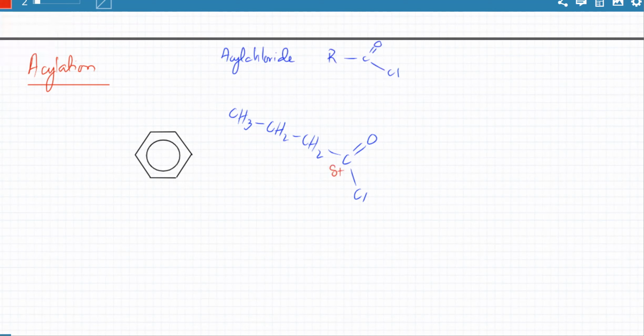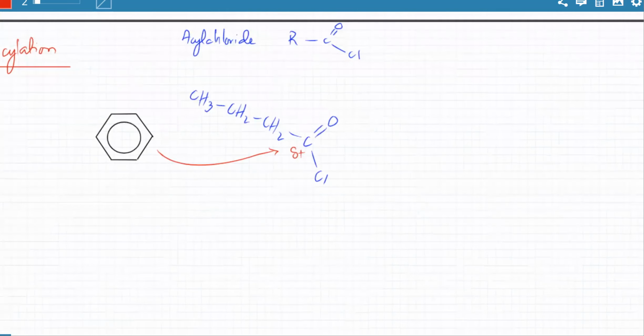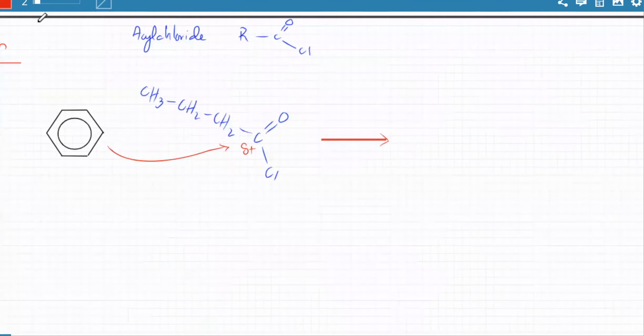So again, the mechanism is not important. This carbon is the one that's going to be interested in the electron cloud of benzene, and the Cl would get knocked out. So something very similar happens, and you get the same thing. The Cl gets knocked out because the Cl is already negatively charged. So I'm just going to attach the two now.